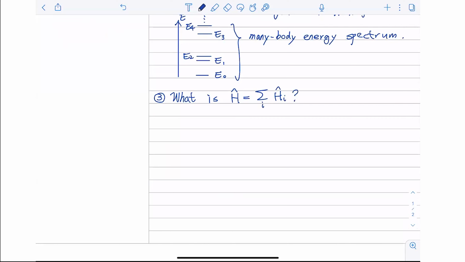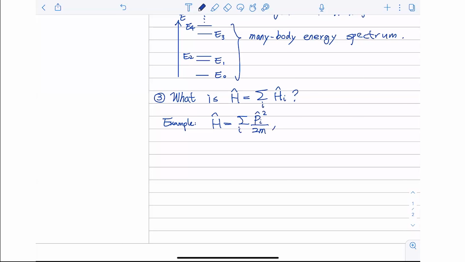From this formal expression, it seems like we are just adding a bunch of operators. So let's write down this type of expression in the free particle system and use it as an example. The Hamiltonian is written as the summation of the total kinetic energy.